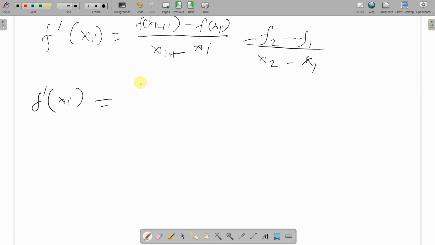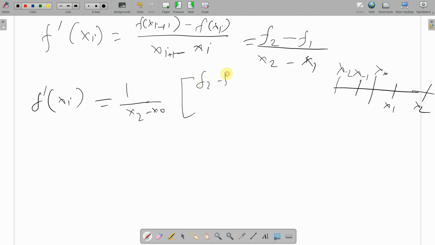So it can be written as 1 by x2 minus x0 times f2 minus f1 by x2 minus x1 minus f1 minus f0 divided by x1 minus x0.